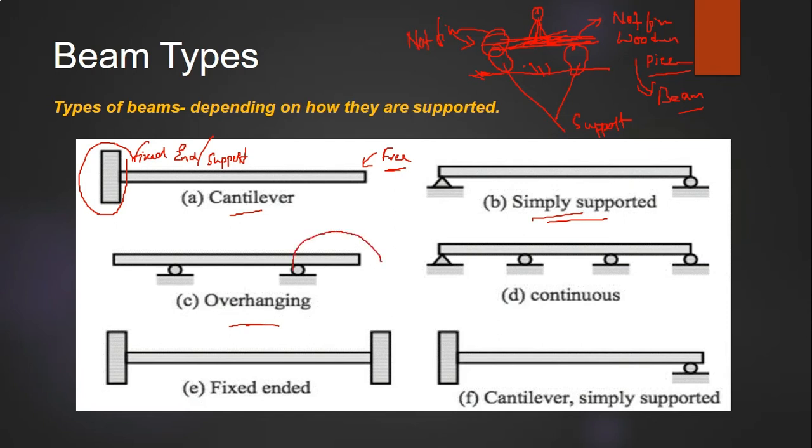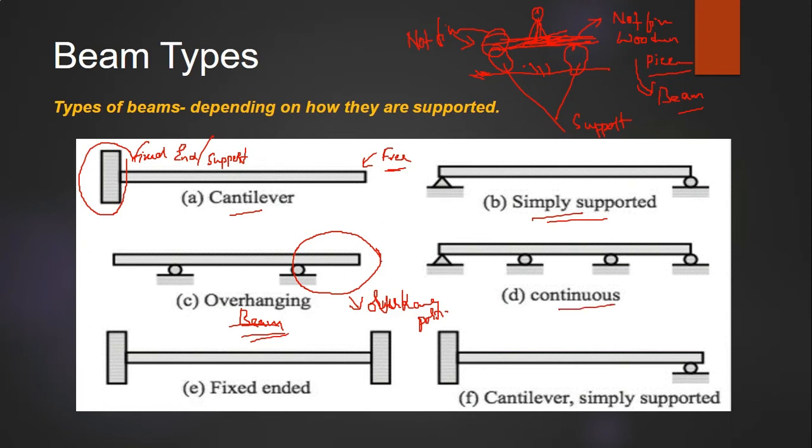As you can see, this is the overhanging portion. A beam with this overhanging portion is called an overhanging beam.